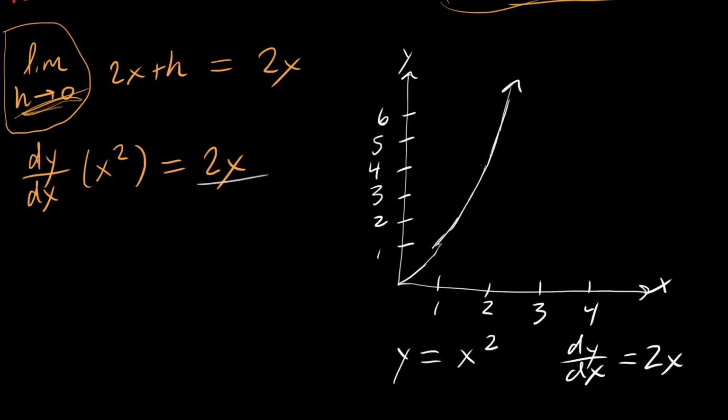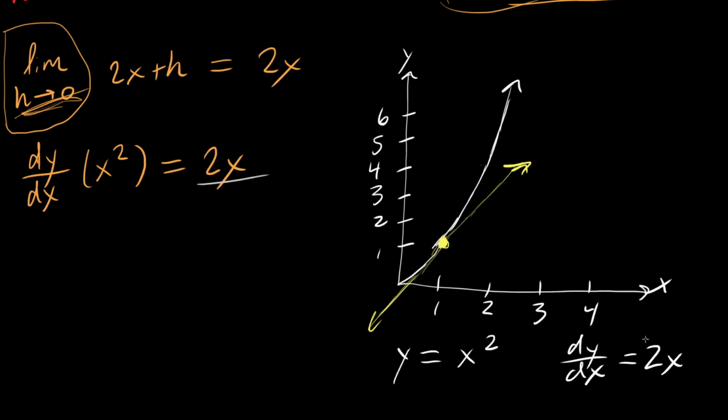We get a line that looks like this. It's a slope of 2. Yeah. So if you see, it does match what the curve looks like at x is equal to 1. Because whenever we plug in 1 here, we get 2.